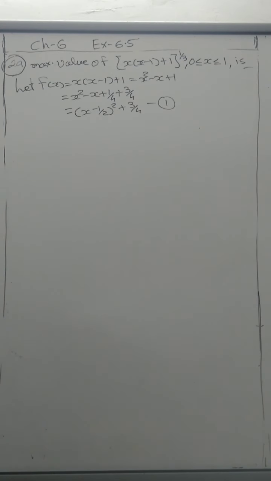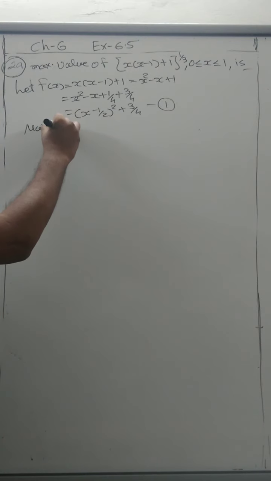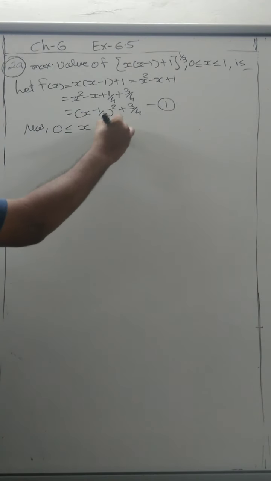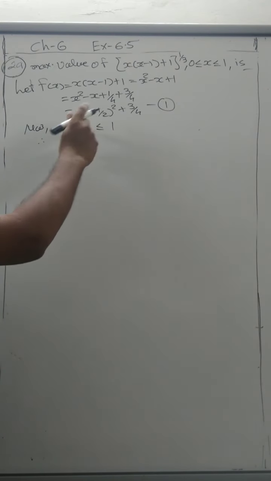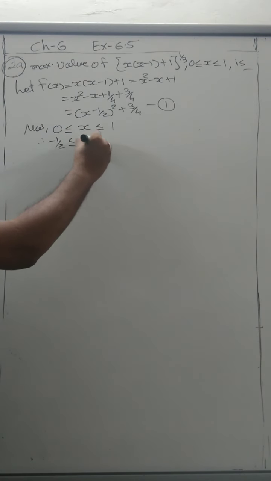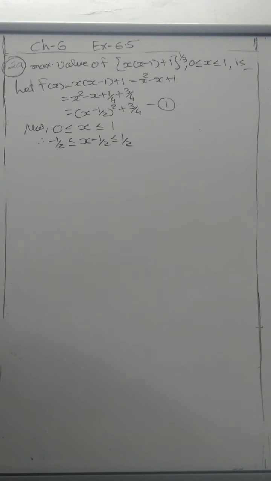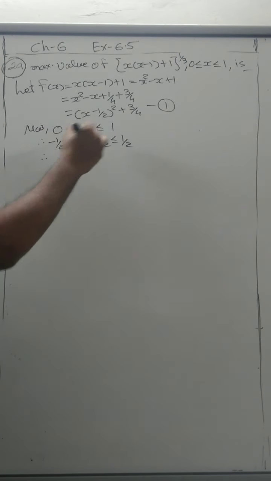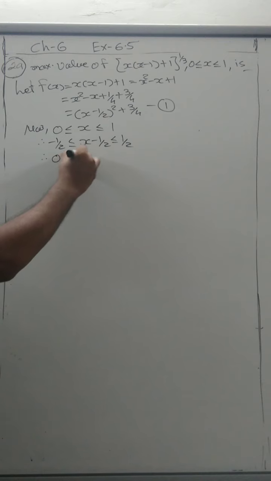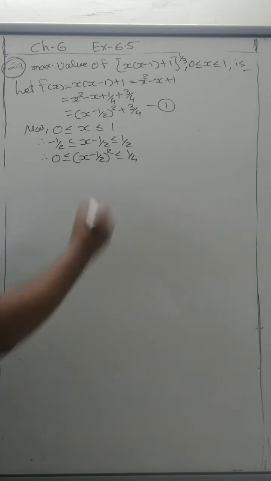Now x is given in between 0 to 1, so 0 ≤ x ≤ 1. Therefore we add -1/2 on all sides. Then we take the square of both sides: 0 ≤ (x - 1/2)² ≤ 1/4.